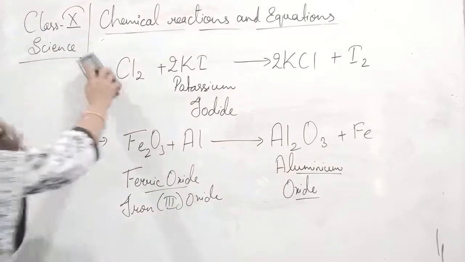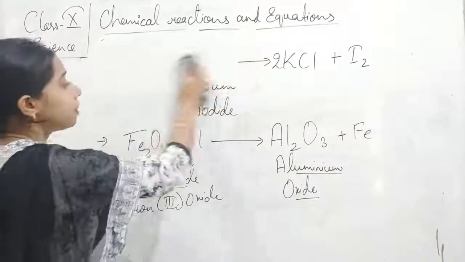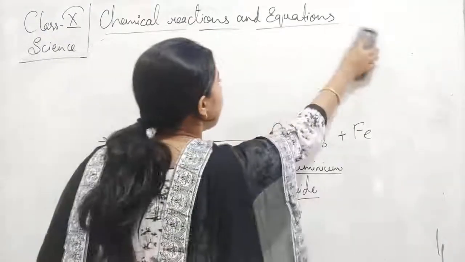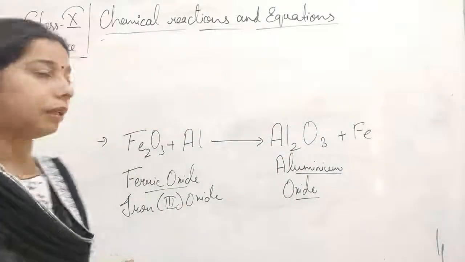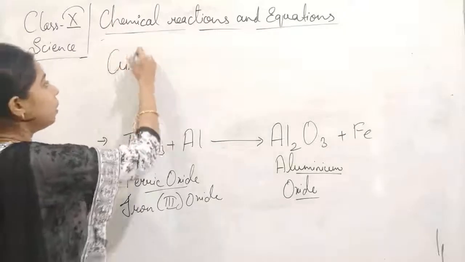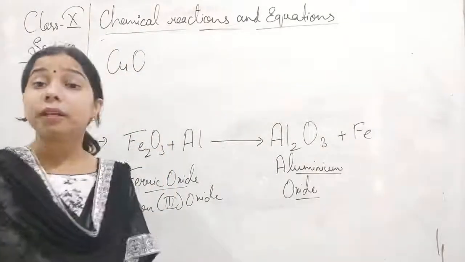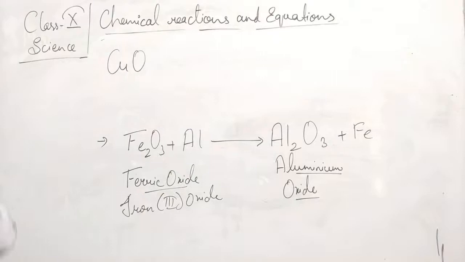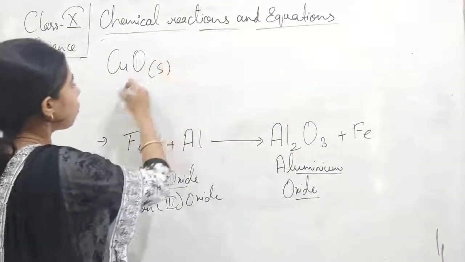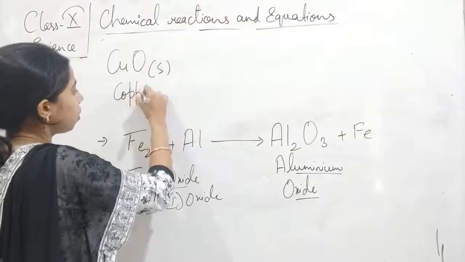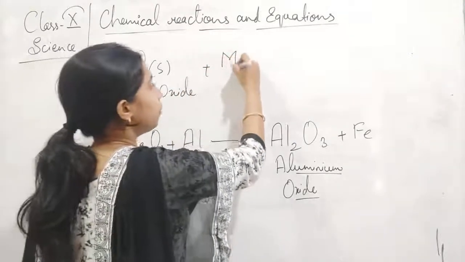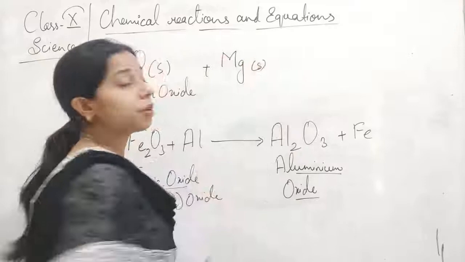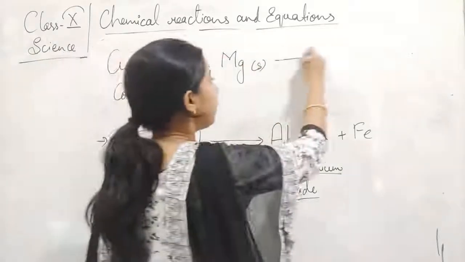Now moving on, if we take a copper oxide and add magnesium powder into it, then what happens? CuO is copper oxide. Okay, it is in the form of a solid. Now when we add the magnesium powder, what happens?